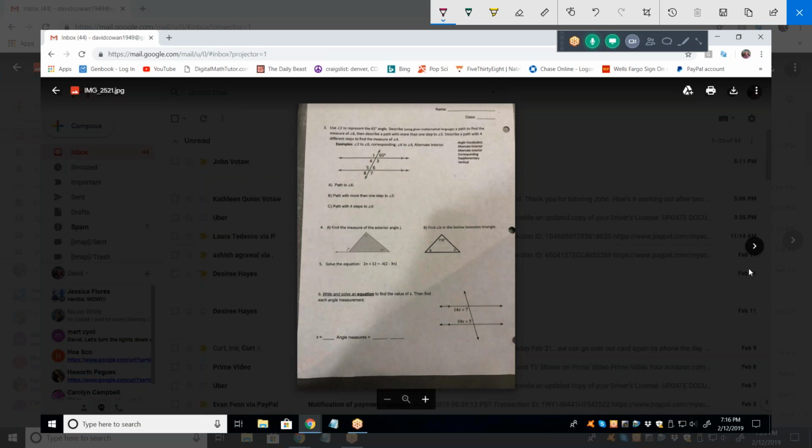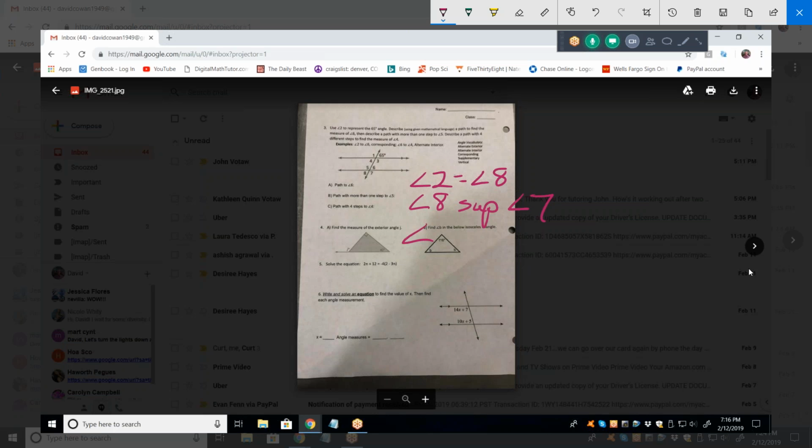Okay. Angle 2 is equal to angle 8, because they're alternate exterior. Angle 8 is supplementary to angle 7 because they're a linear pair.